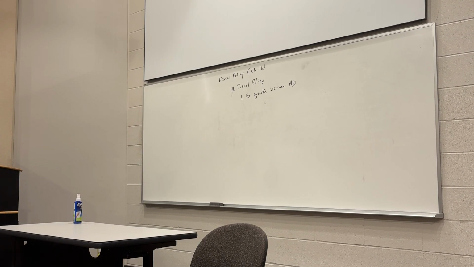But what's the problem here? I guess I should have said this in the last chapter. To get the money, what does the government have to do? Borrow it or tax it. They either have to take it from you with a gun, in which case their spending goes up and your spending goes down. Maybe there's still a small increase in the economy because the government spends 100% of the money.